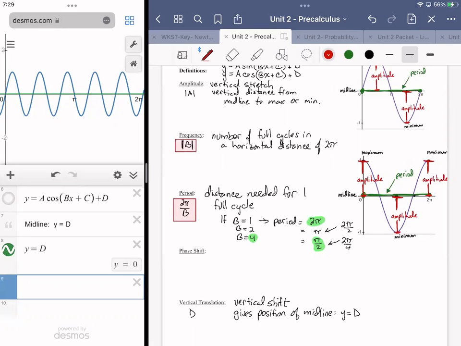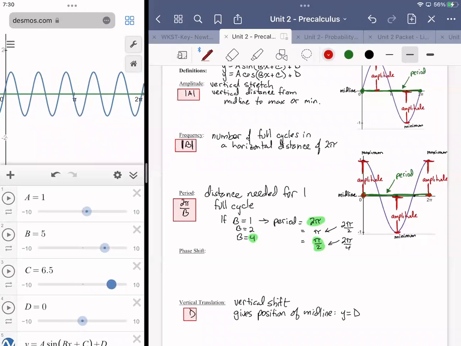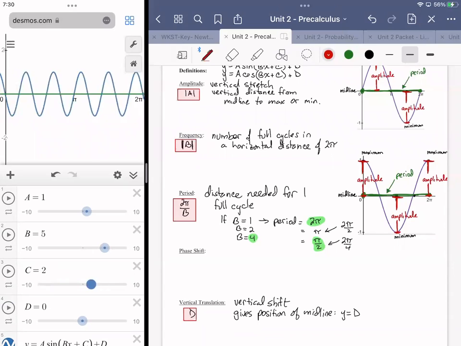All right. So we have amplitude, we have frequency, we have vertical translation, we got the period. One thing left is the phase shifting. All right. So phase shift, if you look at the c value here, moving the c will shift your graph left and right. So it's a horizontal shift. All right.